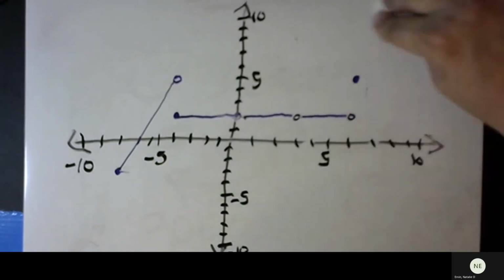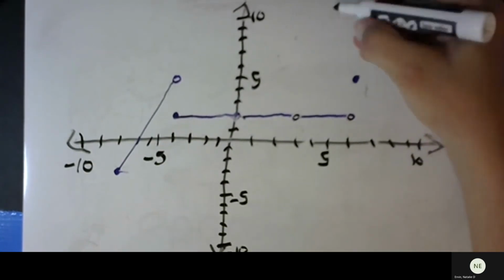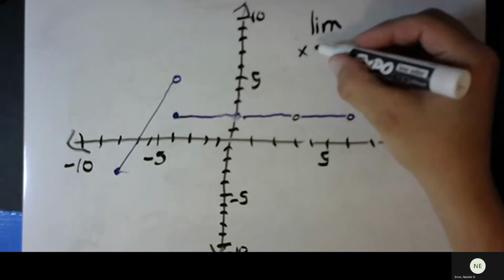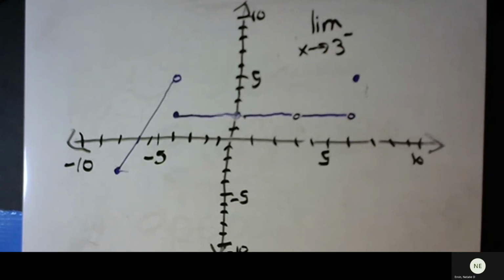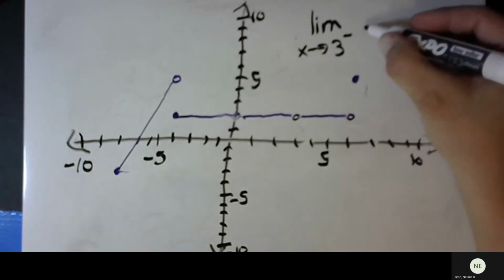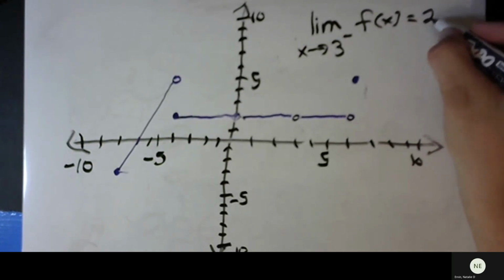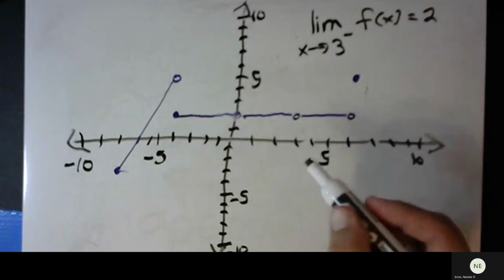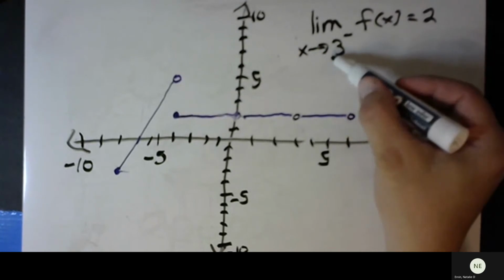It's the same thing as x approaches 3. Exact same thing. So the limit as x approaches 3 from the left, and we use the minus for left and positive for right, again, it's going to be 2. Because as you approach here, f of x is 2. Now, we're not asking about the function value at 3. We're approaching 3.